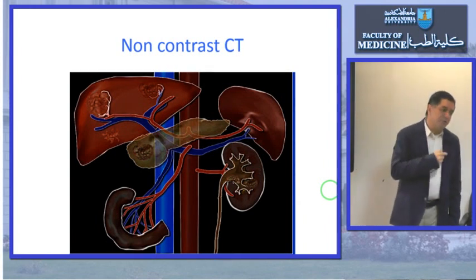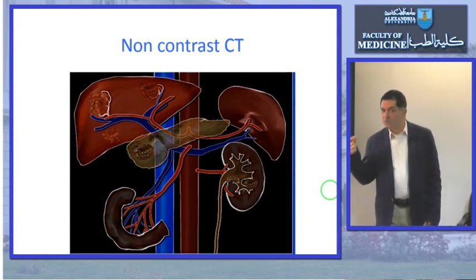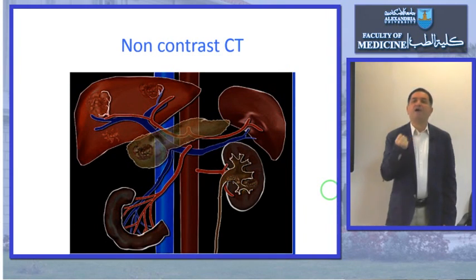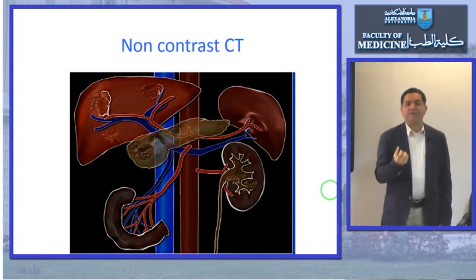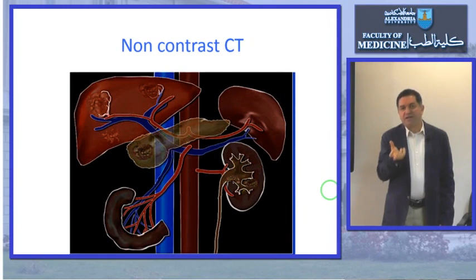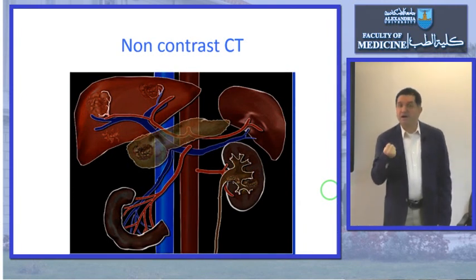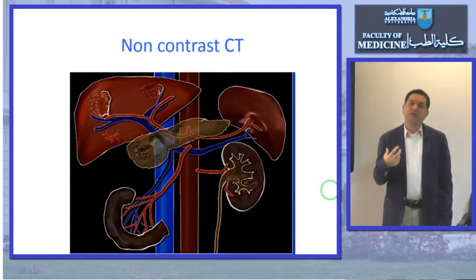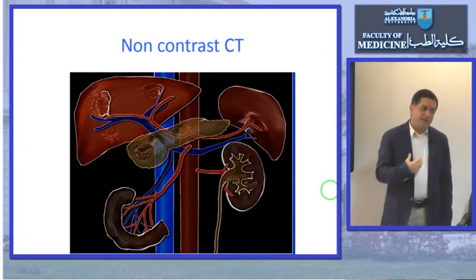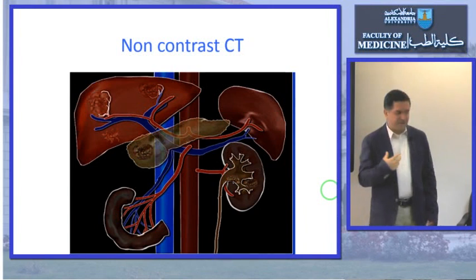The second important fact for hepatocellular carcinoma is that it is a hypervascular tumor. By hypervascular tumor, it is the nature of the pathological features of the tumor. It means that it will take the intravenous contrast properly in the arterial phase and wash it out rapidly in the portal venous and the delayed phases.